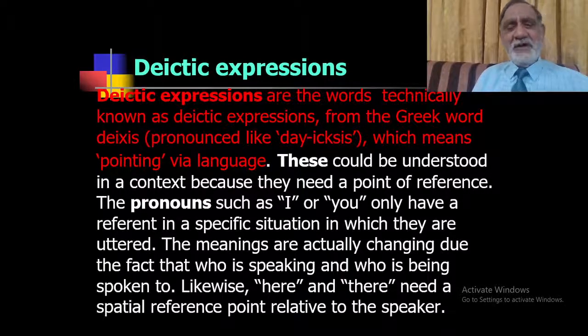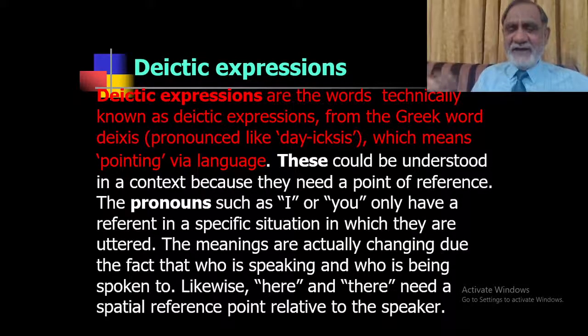It may also be understood that during the conversation, some words are spoken which refer to somebody else, like the pronouns such as I and you. The meanings actually change depending on who is speaking and who is being spoken to.